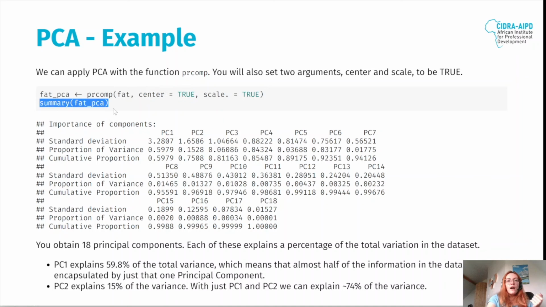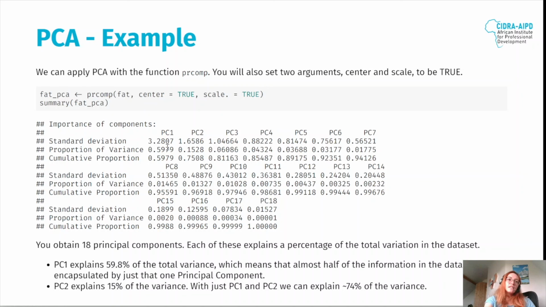You can see here I'm displaying the summary of the PCA. As we have 18 features, we have 18 principal components, and each of those principal components is going to explain a percentage of the total variation of the data. And remember, we want to maximize the variation that we can explain with those principal components, but using fewer variables.